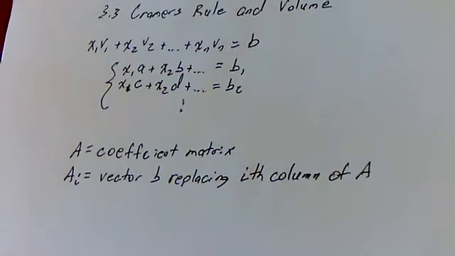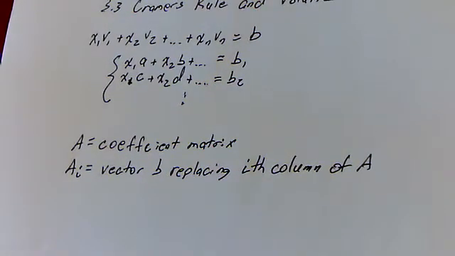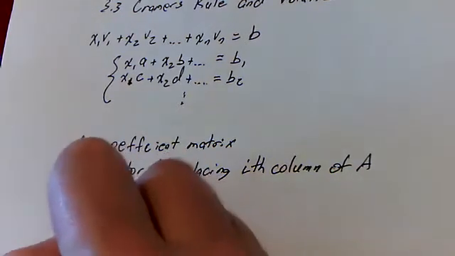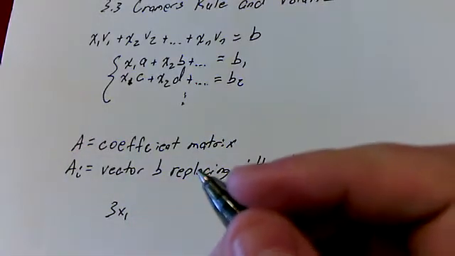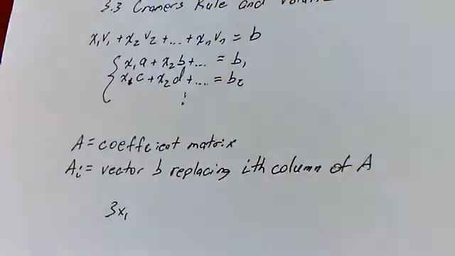Okay, so let's look at a quick example here. I'll show you what the pieces are and what you use them for, because I still haven't found x yet. We're going to need these two matrices to find x.